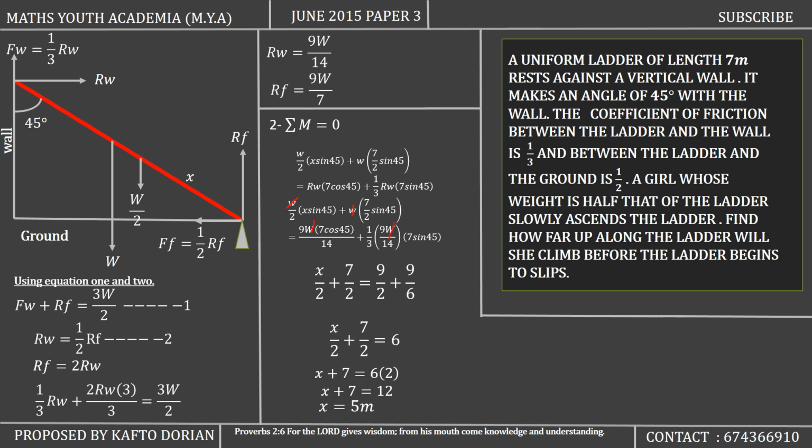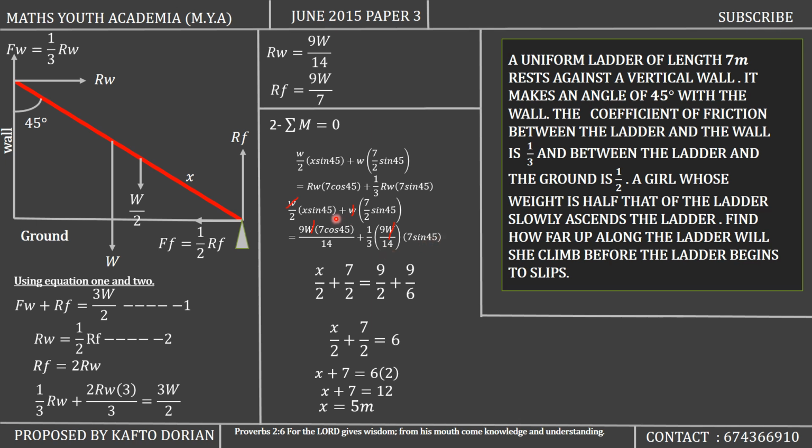W will cancel out, and we shall remain with x on 2 sine 45 degrees plus 7 on 2 sine 45 equals 9 on 14 times 7 cos 45 plus 1/3 times 9 on 14 times 7 sine 45 degrees.